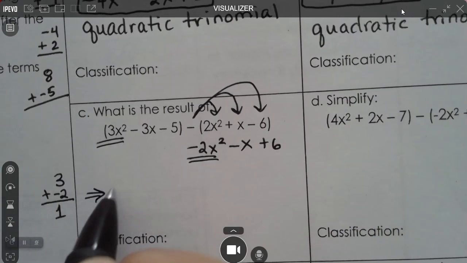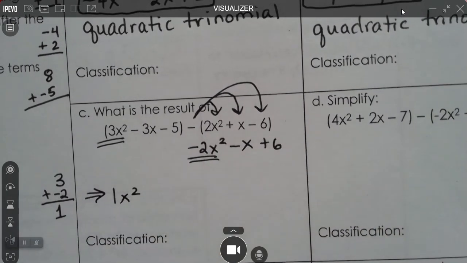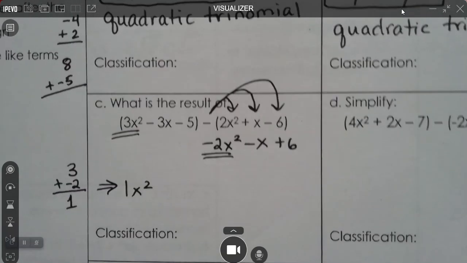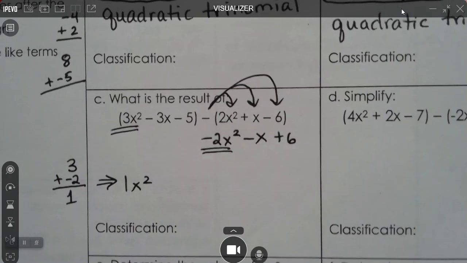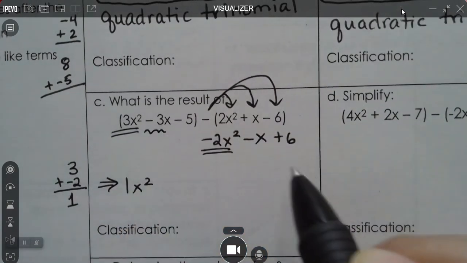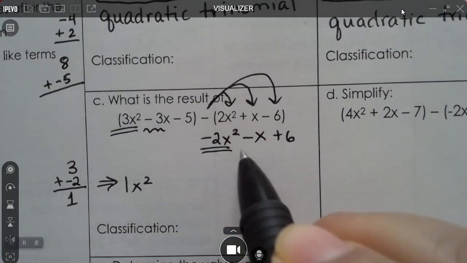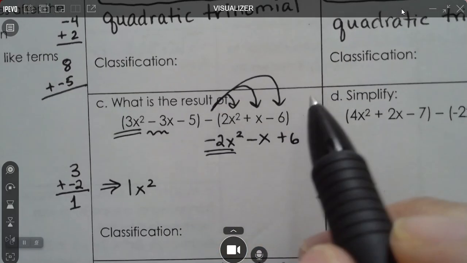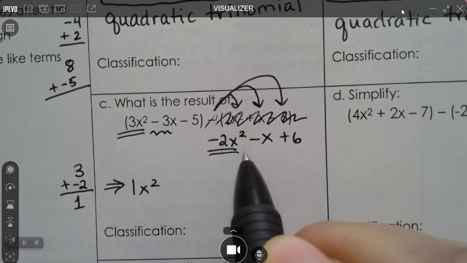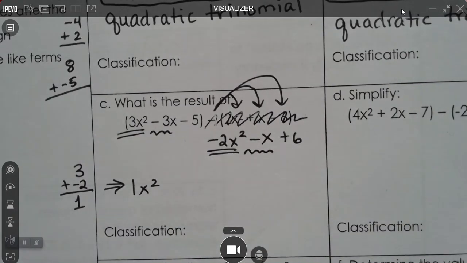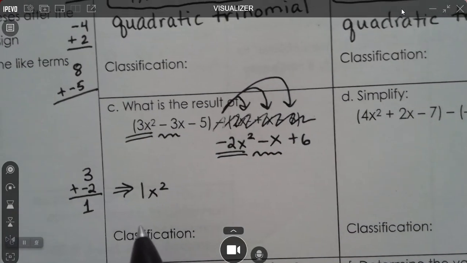So it's going to be 1x squared. Next highest exponents. Remember, this doesn't exist anymore. So in your calculator, you need to be very careful.